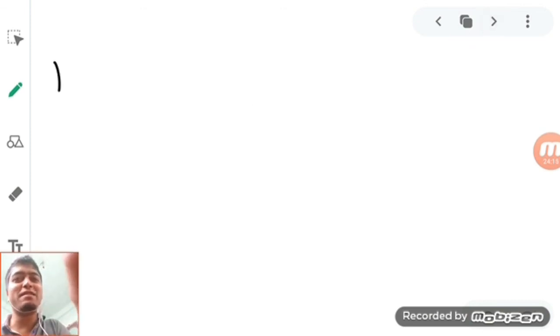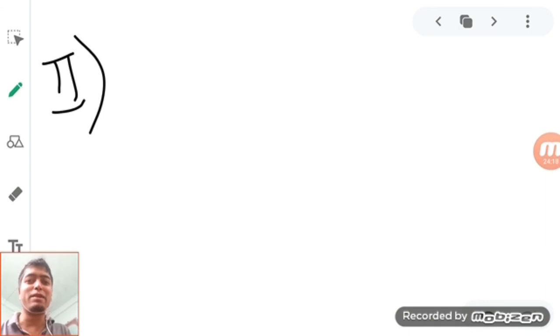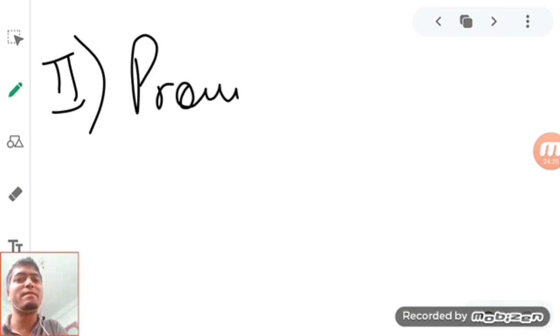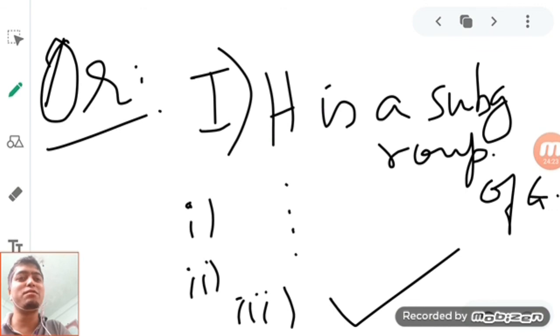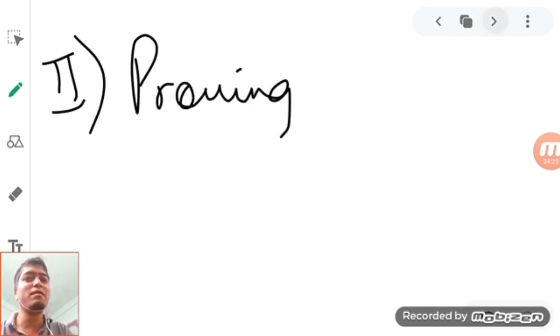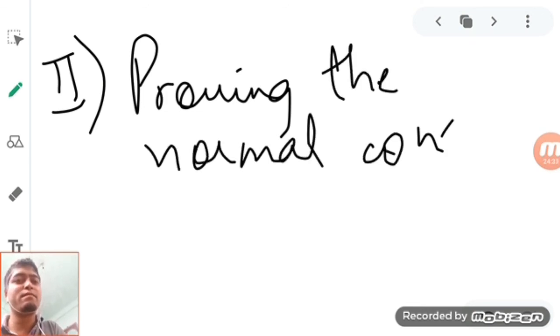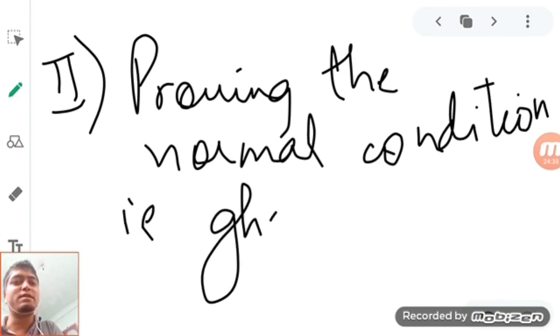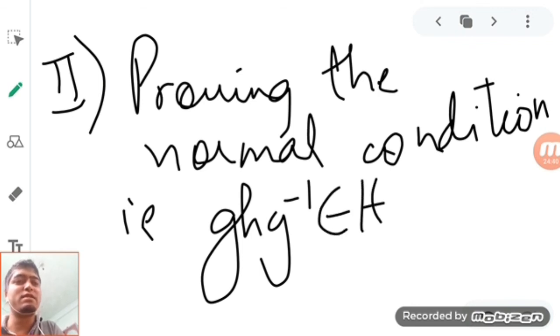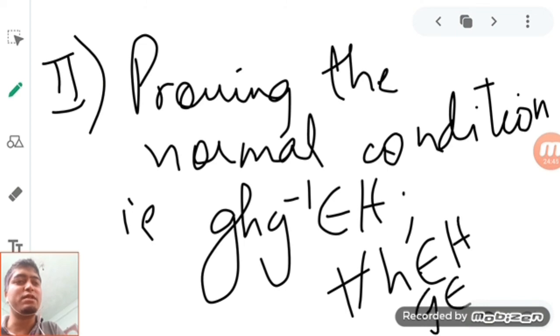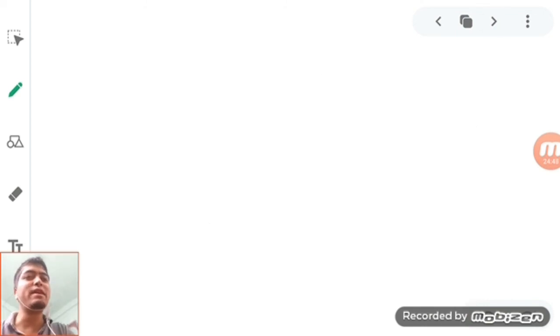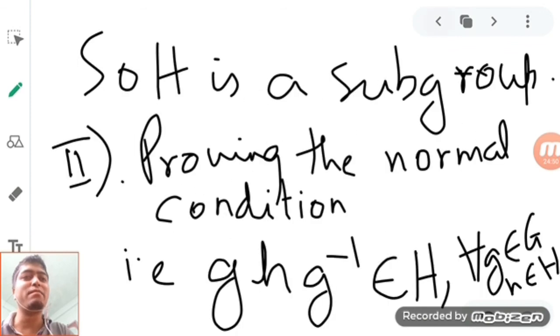For the normal condition, what can we do? Proving the normal condition: no changes in the first one, but for the second one, proving the normal condition for H, that is g h g inverse belongs to H for all h belongs to H, g belongs to G. We can do this one in another way, and that is by using that theorem.